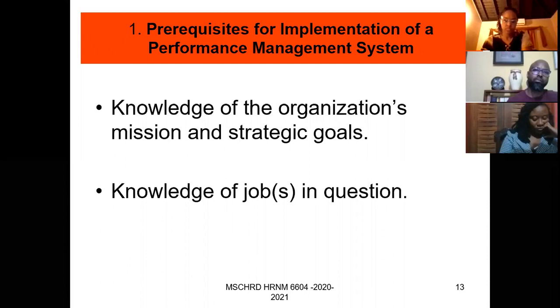Where does it intend to be in 5 years? So that you also look at the time of the system. Can you design a system that will stand up and allow for them to change to get to where they want to get to in 5 years? So, knowledge of the organization's mission and its strategic goals.